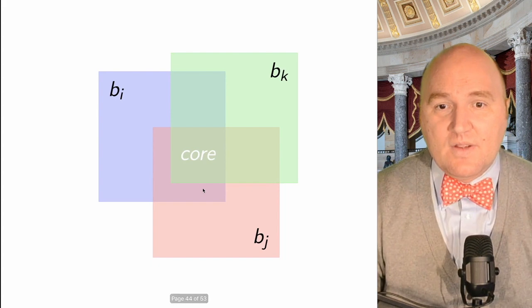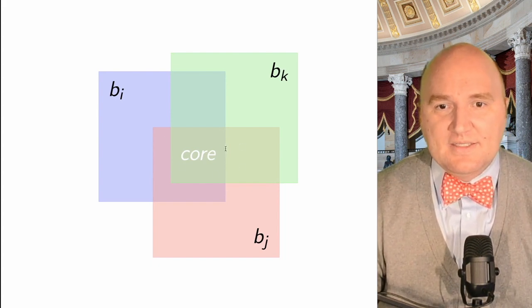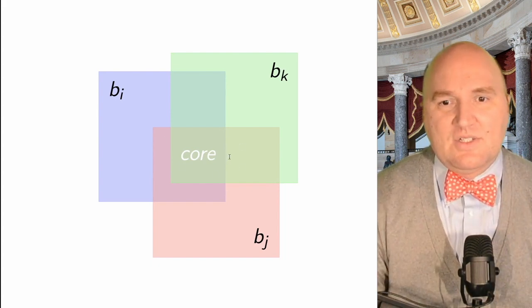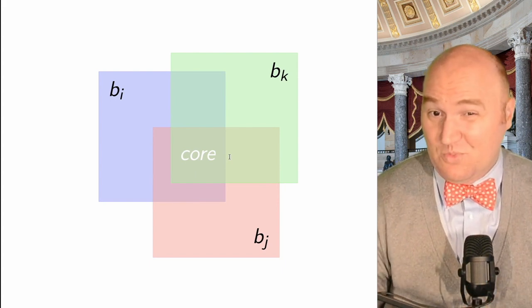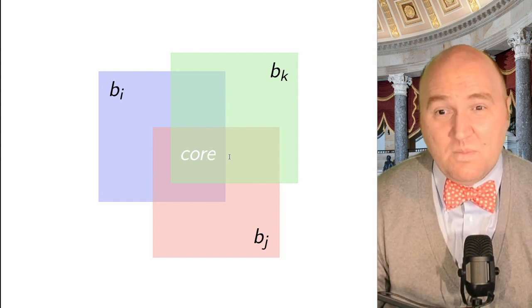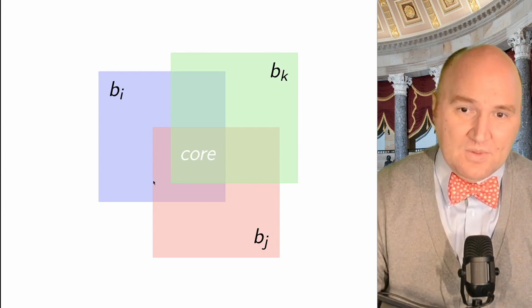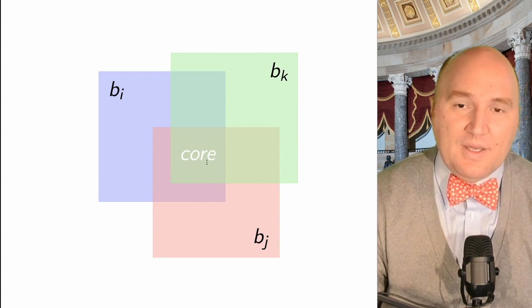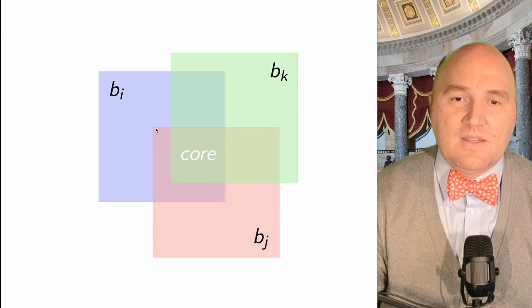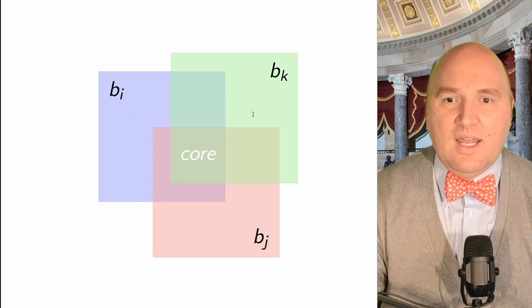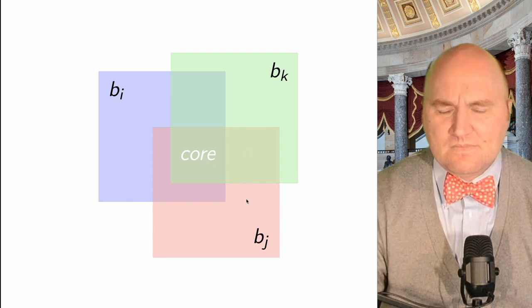But there is this core set of things, and for the purposes of this illustration it's relatively small, but generally speaking, it's really big. It's most of BK, and it's most of BI, and it's most of BJ. So this core set of policies is something that the House and the Senate agree on and end up in the final version of the bill.